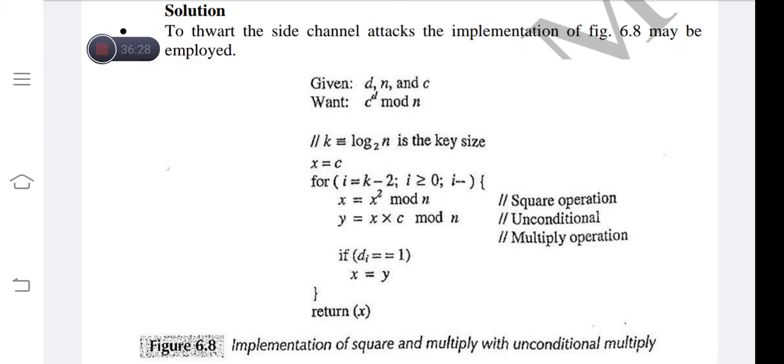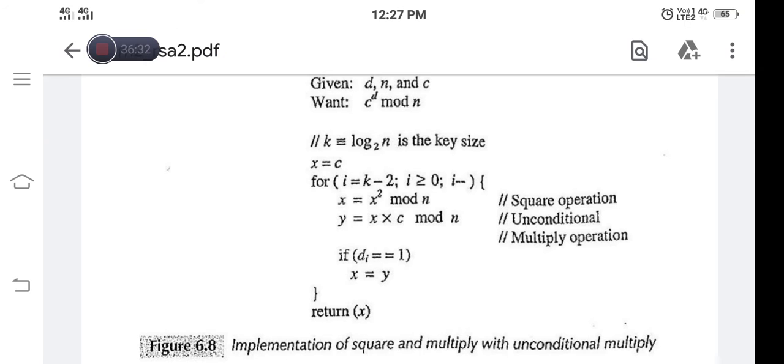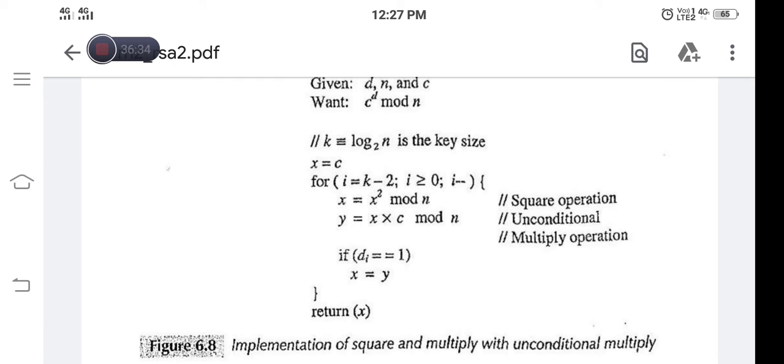But here, due to the fault injected by the attacker, this value will have the error. So now to obtain the decryption key, this experiment would have to be repeated d times. That is the complexity of this algorithm for an attacker to obtain the decryption key.